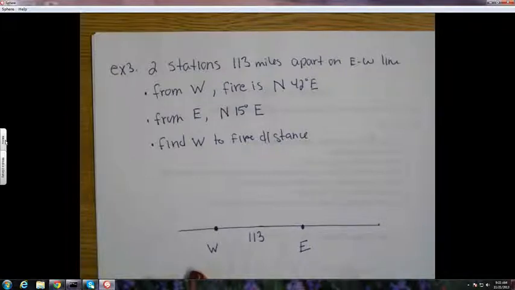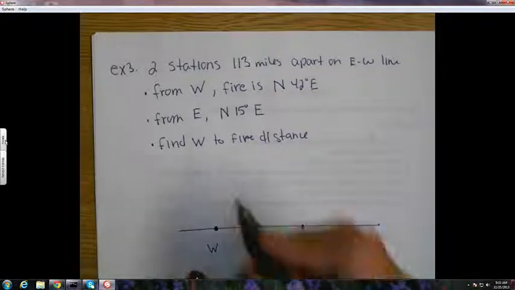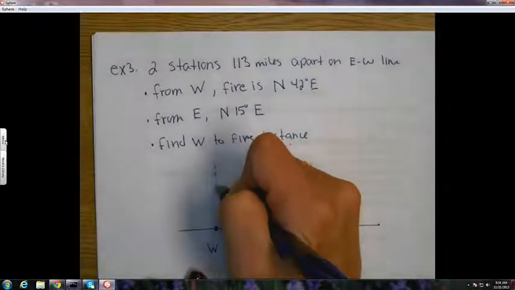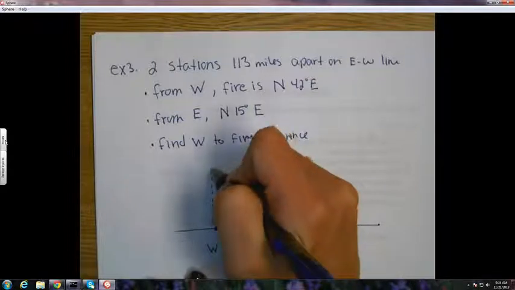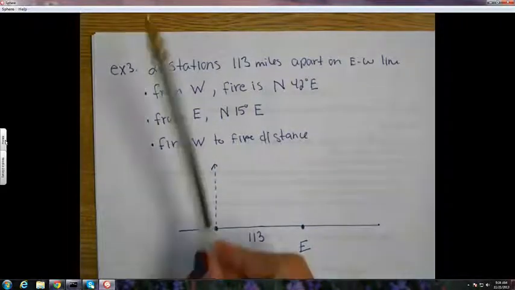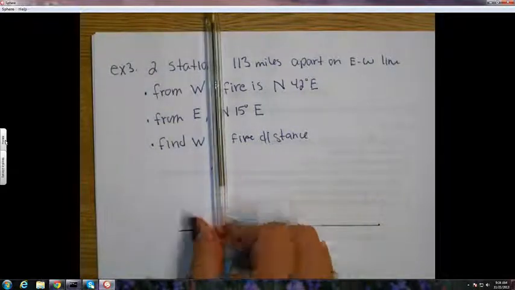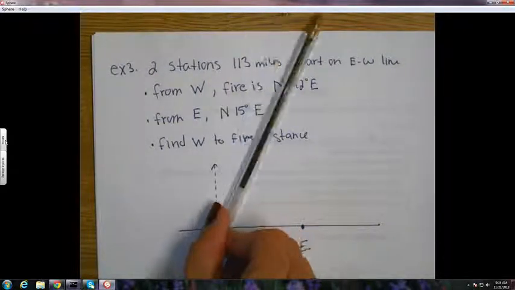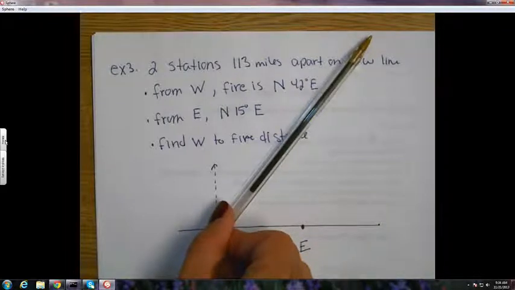So when you see bearing, what should you put in right away? A north reference line. So that means if I look straight ahead north, how much do I have to turn before I can see the fire? 42 degrees to the east. So somewhere over there is the fire.